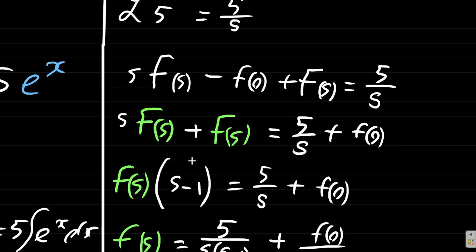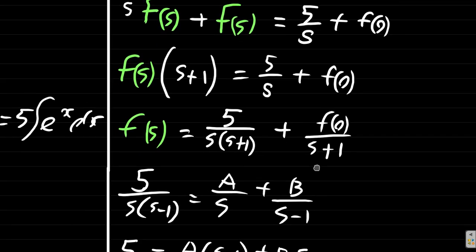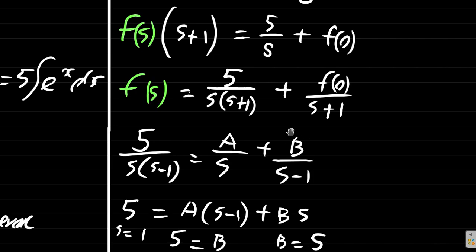So it's s plus 1, this should be. Then we divide by s plus 1. And then this would be plus 1. Right. We multiply both sides by s plus 1.